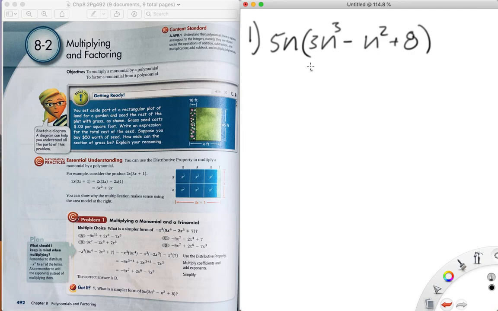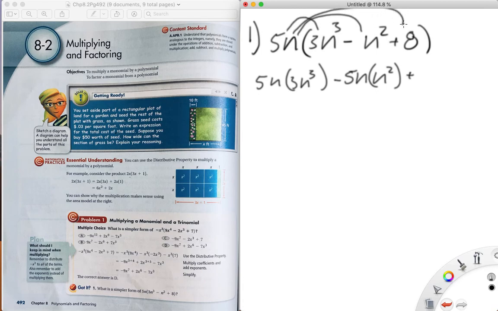So in this case we have 5n multiplied by 3n cubed, minus 5n times n squared, plus 5n times 8.